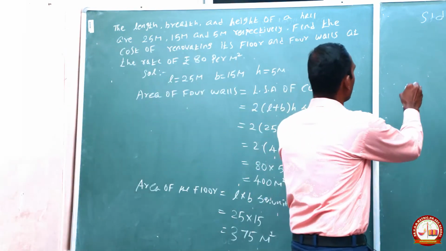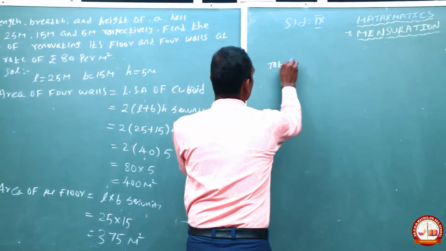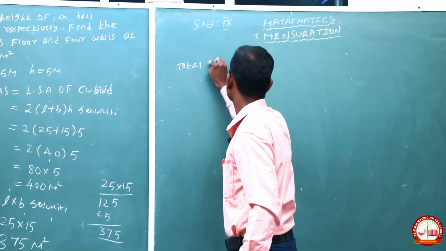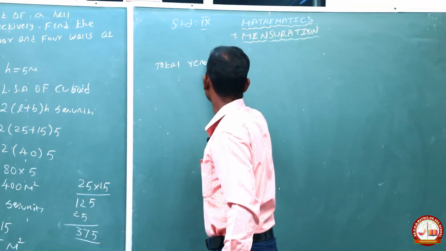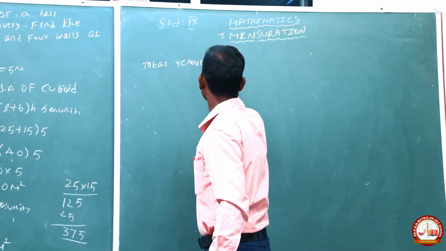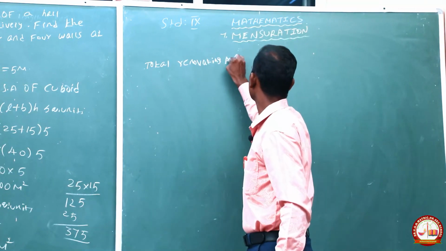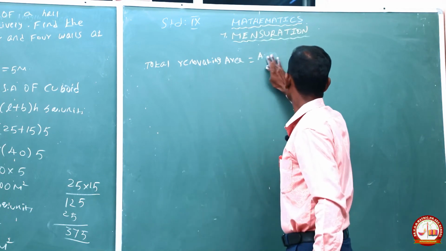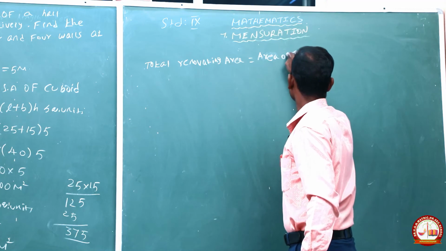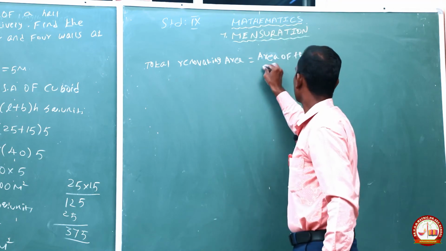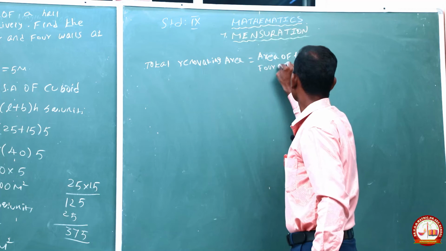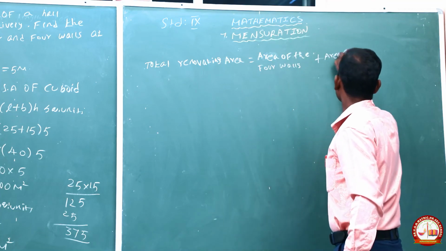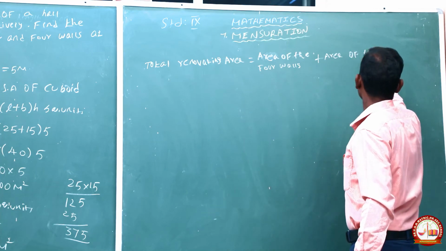So total renovating area equal to area of the 4 walls plus area of the floor.